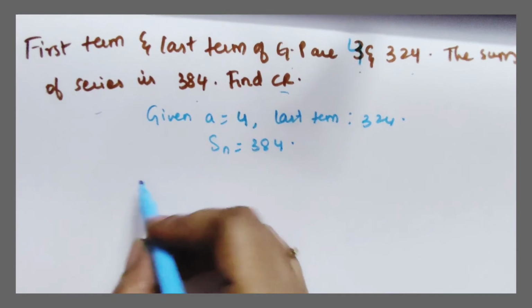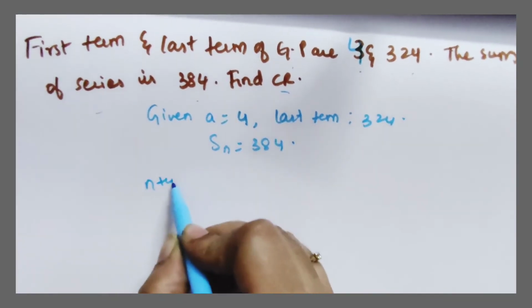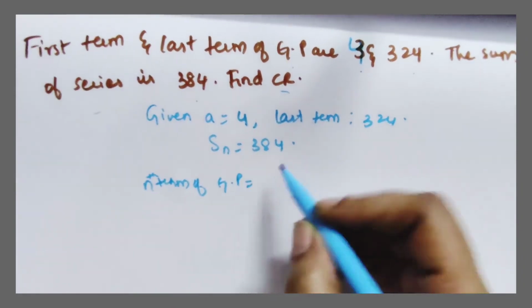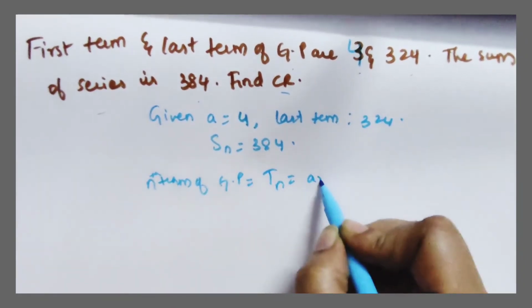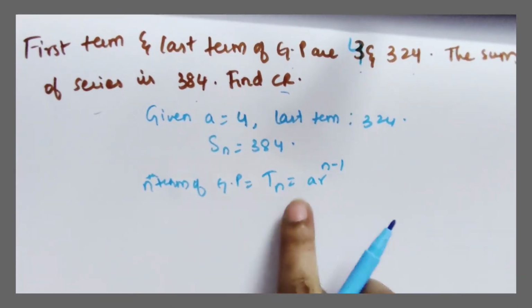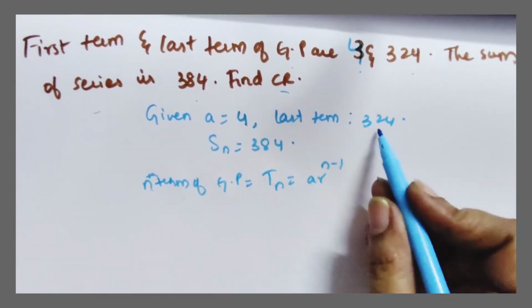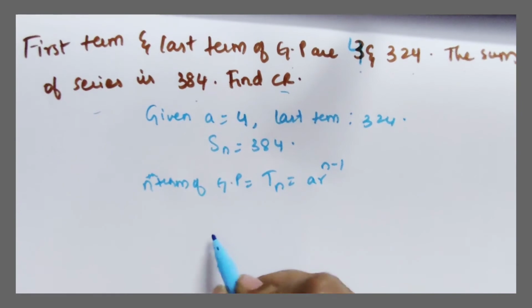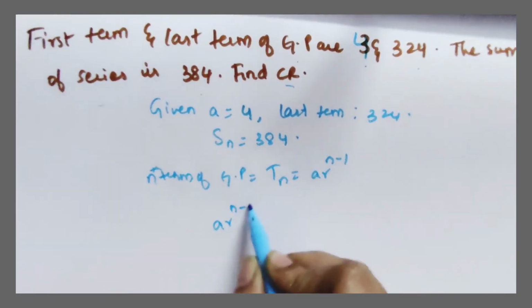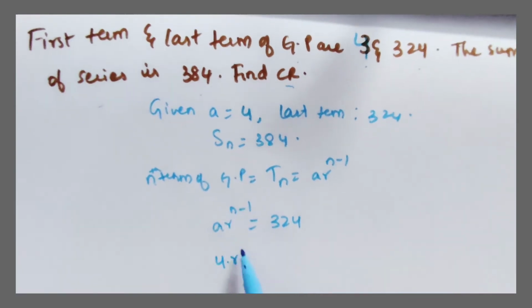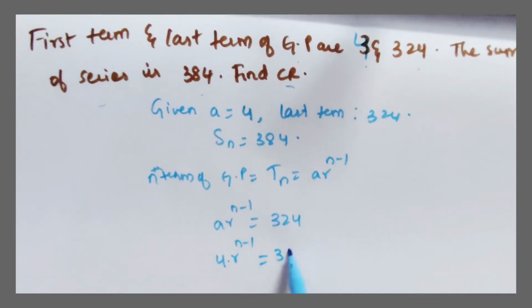Here the nth term of a GP formula is Tn is equal to A r power n minus 1. This nth term value, the last term, he has given as 324. That is A r power n minus 1 is equal to 324. A is 4, so 4 into r power n minus 1 is equal to 324.